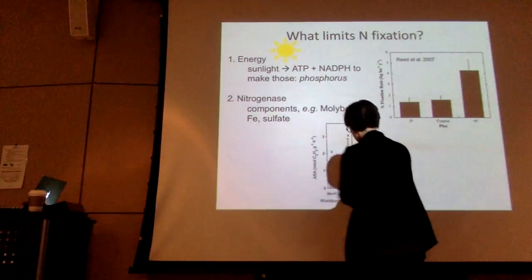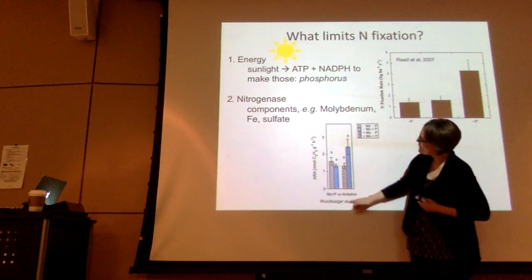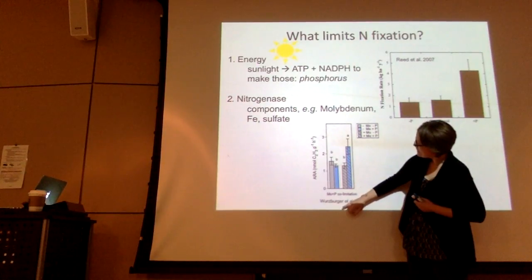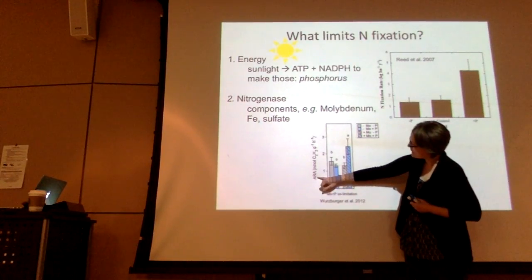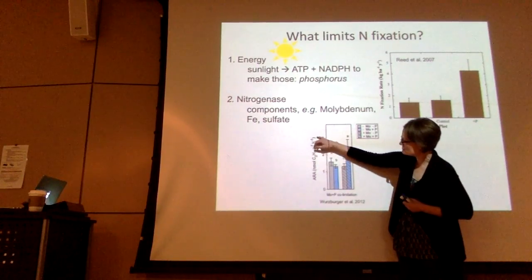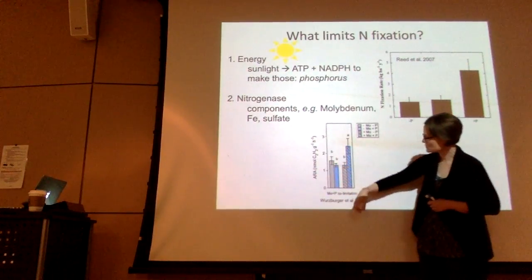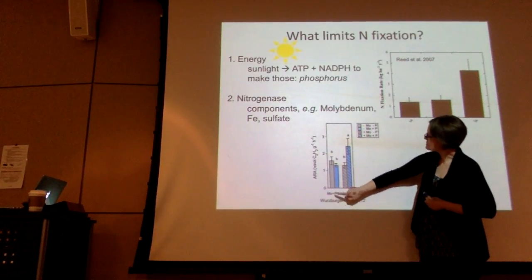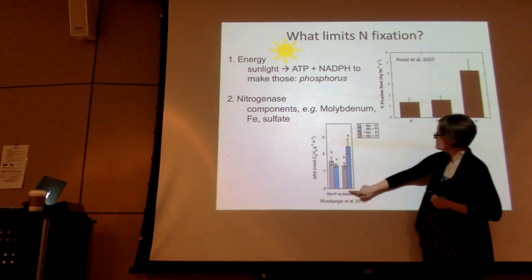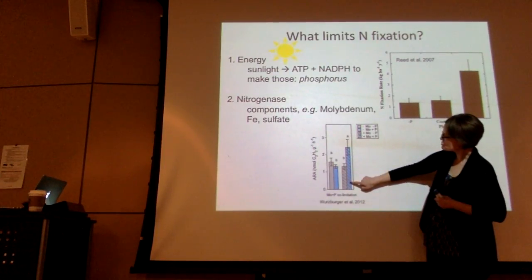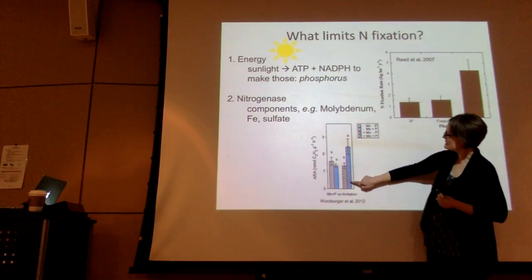And so here's Wurzburger et al. 2012. We have ARA, which is basically nanomoles of these carbon that you can make through photosynthesis. So this is, let's see, molybdenum is added and phosphorus is added.